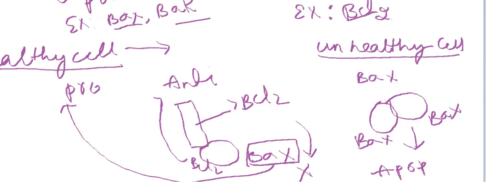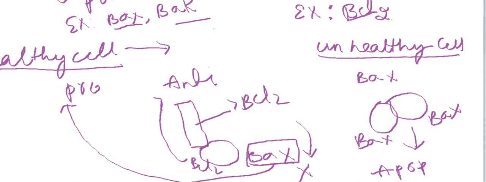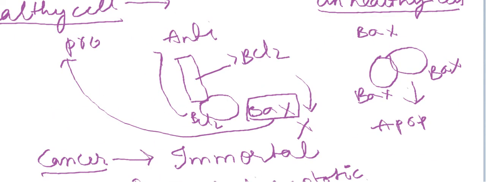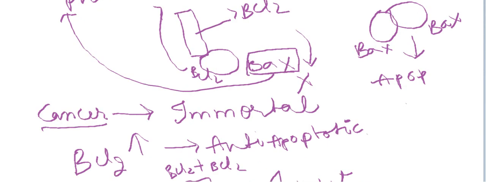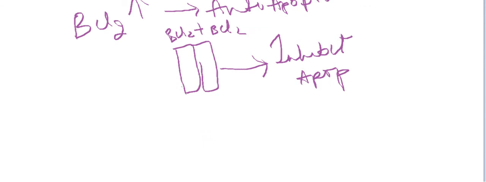And in unhealthy or stressed cells, there is overexpression of pro-apoptotic protein because the cell is unhealthy and has to undergo apoptosis. So both of the PAX proteins will form homodimers and promote apoptosis. Cancer cells, on the other hand, are seen to have overexpression of anti-apoptotic protein because they are immortal, and this overexpression of BCL2 protein inhibits apoptosis.